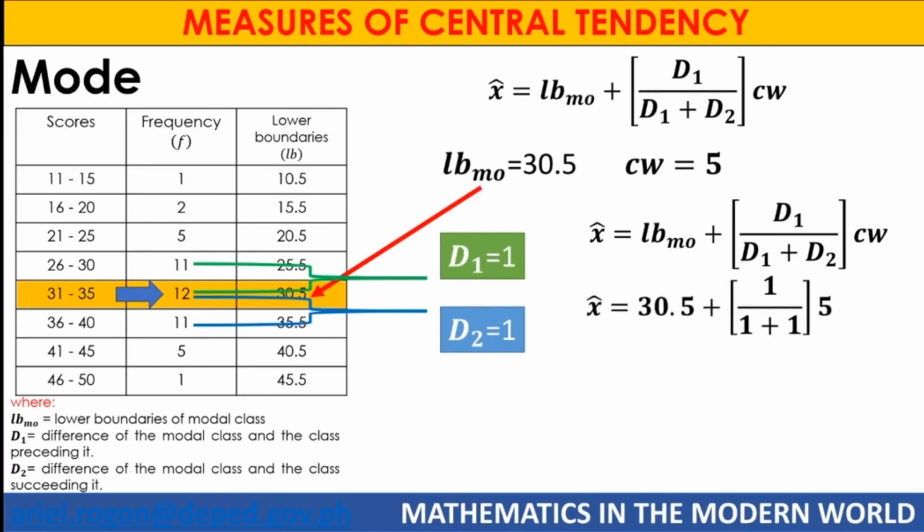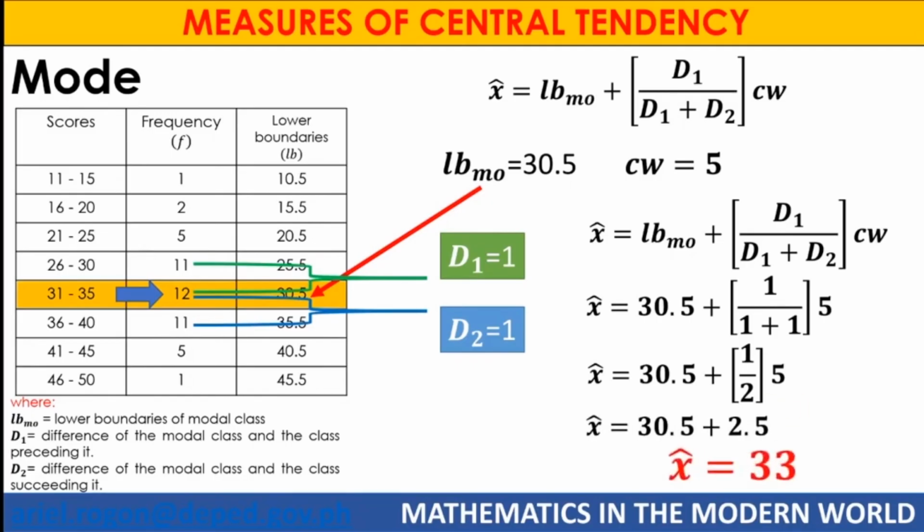So simplify: 1 plus 1 is equal to 2. So 1 over 2 times 5 is 2.5. And we have 30.5 plus 2.5, which is 33. Therefore, the mode of the grouped data given here is 33.